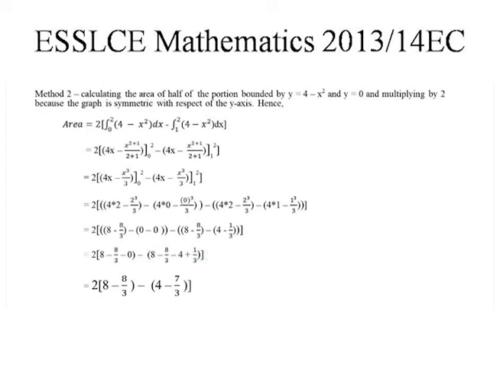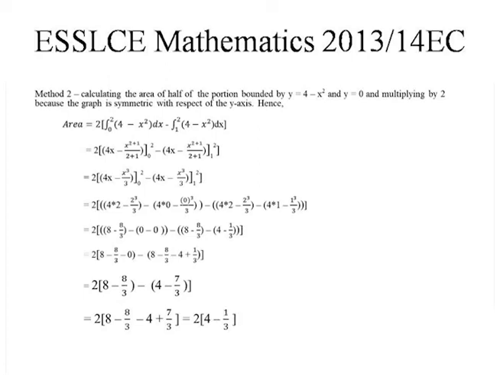Again, this negative multiplies all the expressions inside the bracket, so we'll get 2 times 8 minus 8 over 3, negative 1 times 4 is negative 4, times negative 1 times negative 7 over 3 is 7 over 3, which is equal to 2 times 8 minus 4 is 4 minus 8 over 3 plus 7 over 3 is negative 1 over 3.